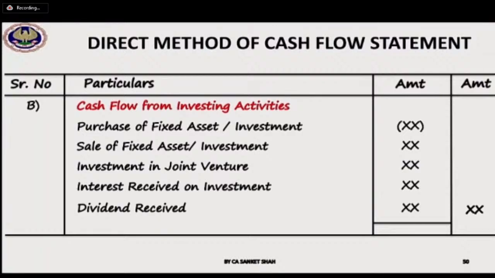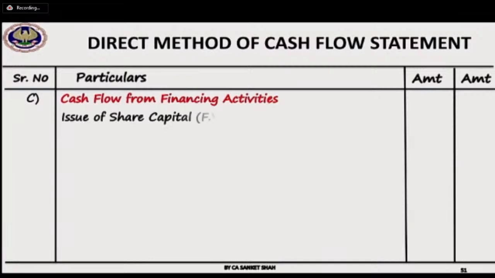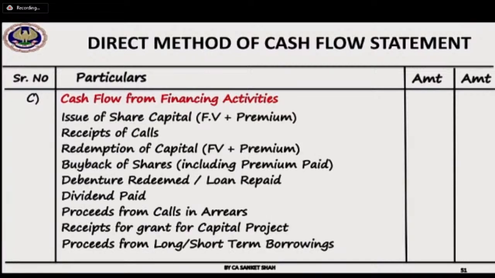Yes, you can see here it is investing activity. Cash flow from financing activity. Take a screenshot.